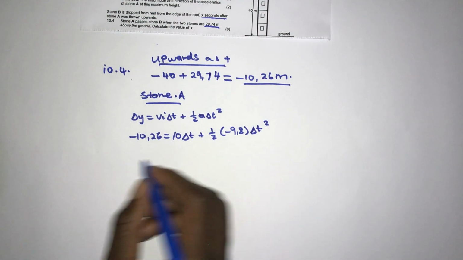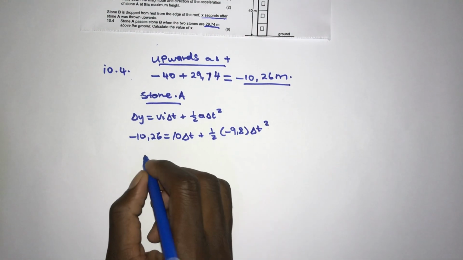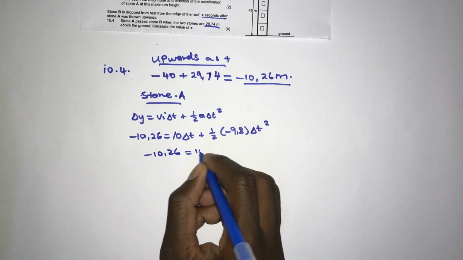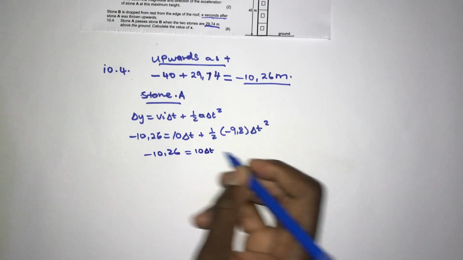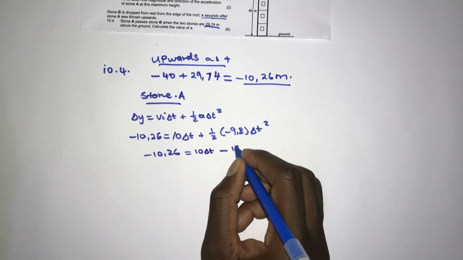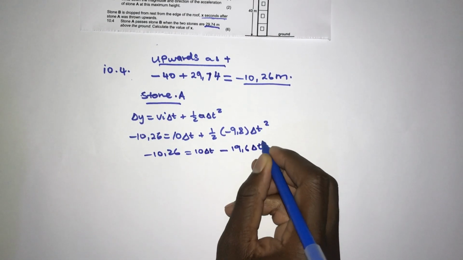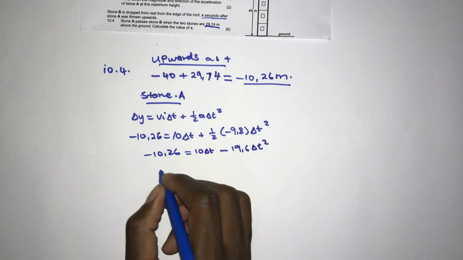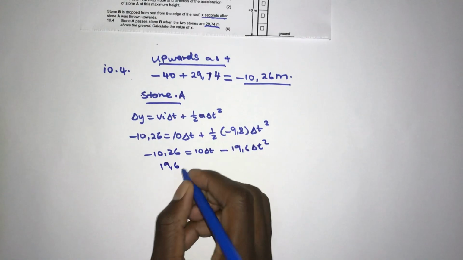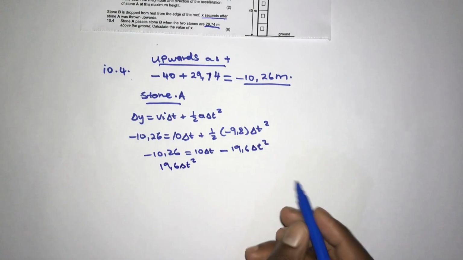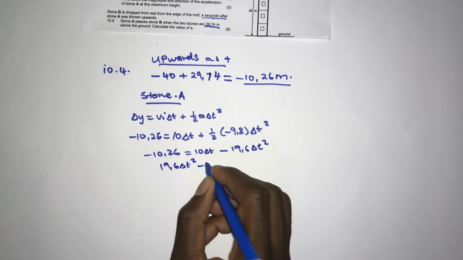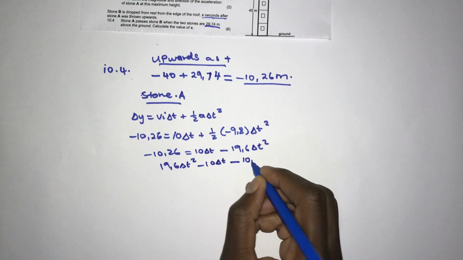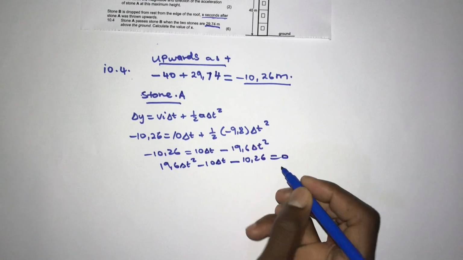So negative 10.26 is equal to 10 change in t, minus 19.6 change in t squared. I will take this to the other side: 19.6 change in t squared minus 10 change in t minus 10.26 is equal to 0.